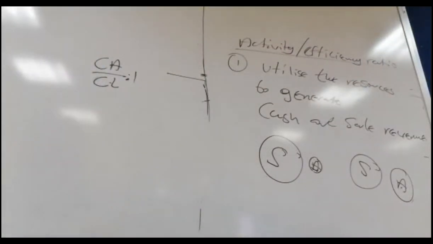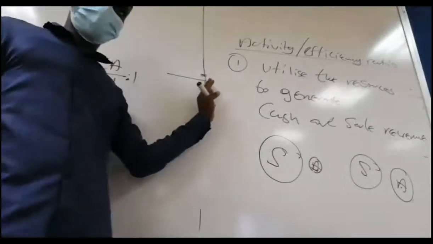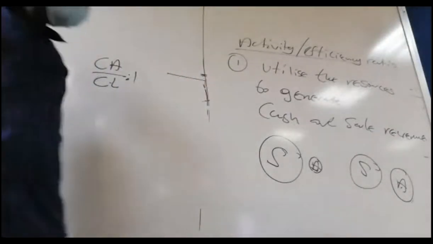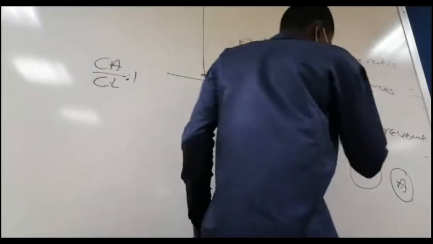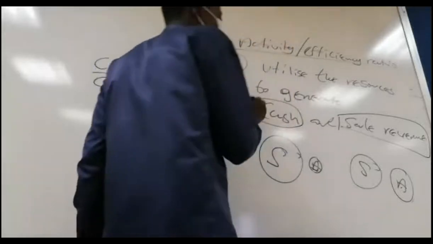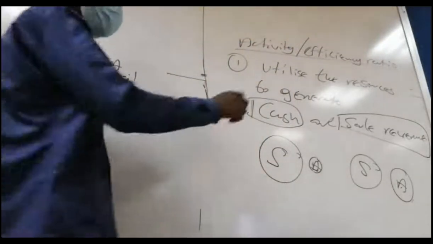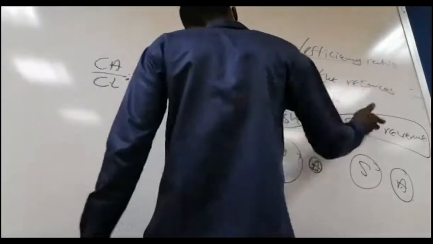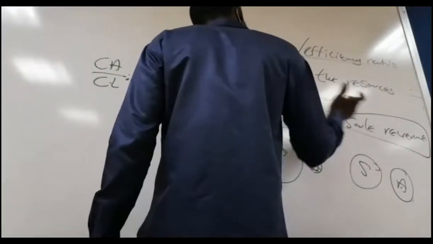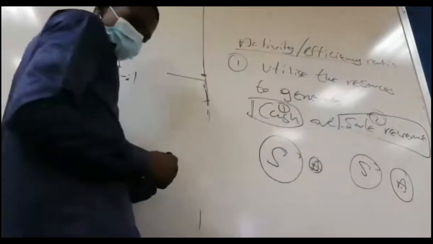That means you're being efficient. So these ratios, you check it. The one that can generate profits and the one that can generate liquid cash. So two items here, and I'll explain this again when I refer to why I ring these two.